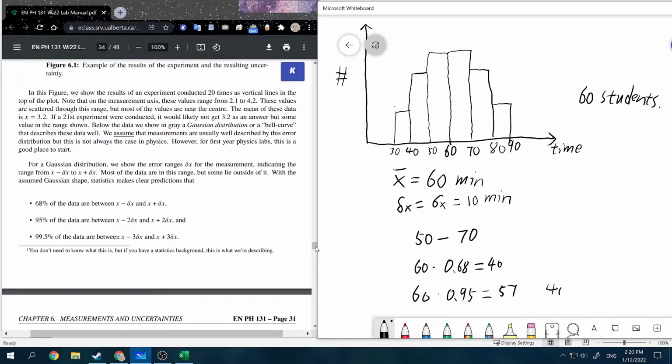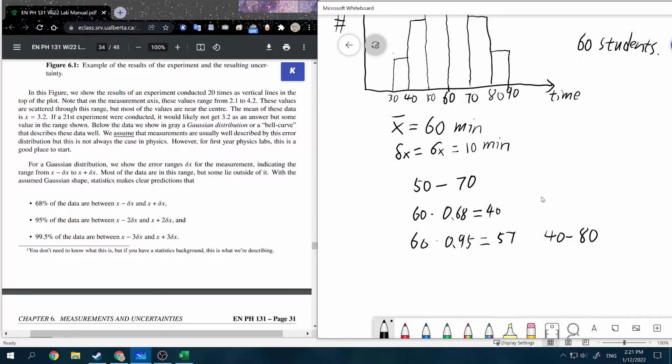So you're going to expect 57 students to finish the assignment in this time range, and the other 3 students are going to finish before 40 and above 80. So that's how you calculate that.